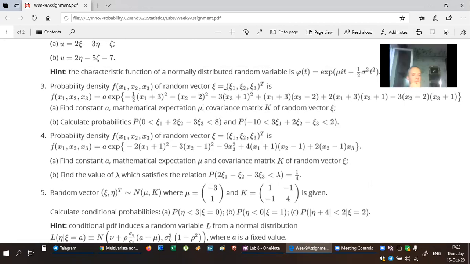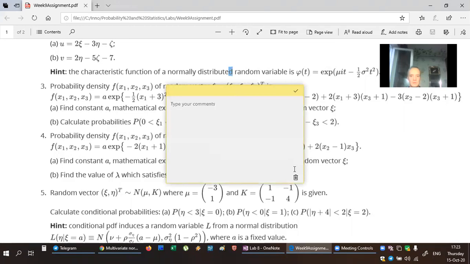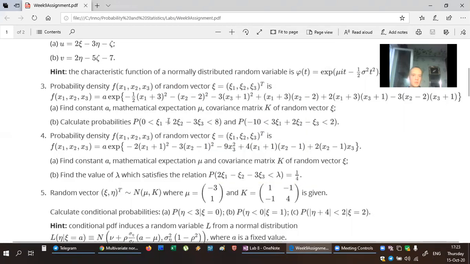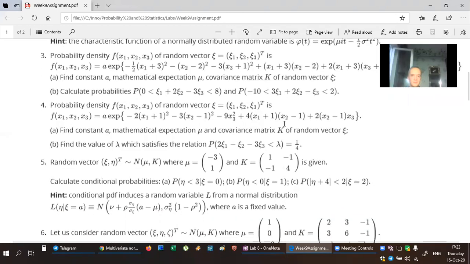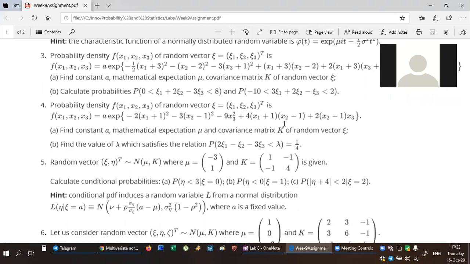If you need to find what each component is, it's a normally distributed random variable, like a marginal distribution, right? So the expected value of Xi1 will be equal to minus 3, and the variance of Xi1 will be from the matrix K. You can take it from matrix K.